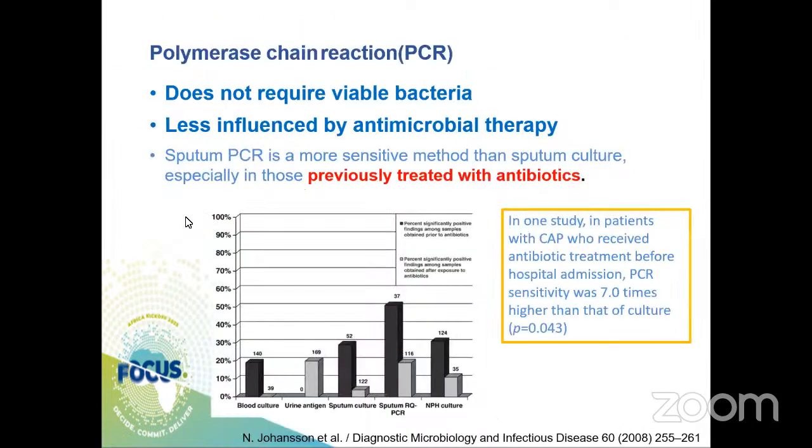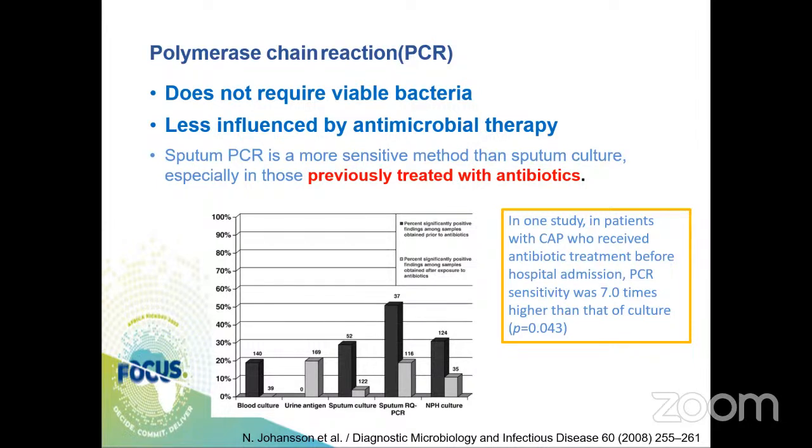Now, when you talk about the polymerase chain reaction, or PCR, in normal circumstances we say it does not require viable bacteria and is less influenced by antimicrobial therapy. The reason we say so is that we are taking the nucleic acid material, so it may not really depend on the treatment.